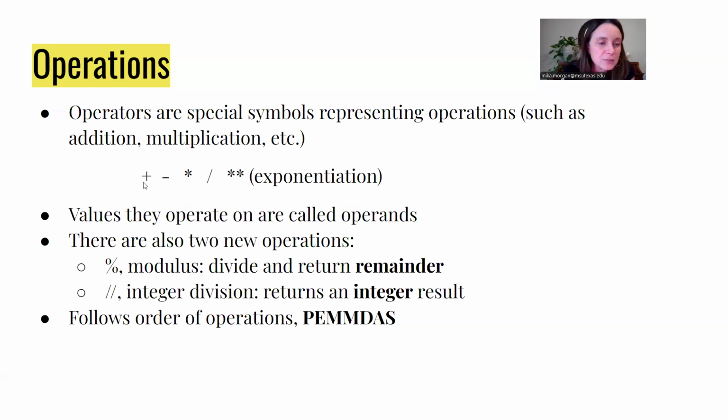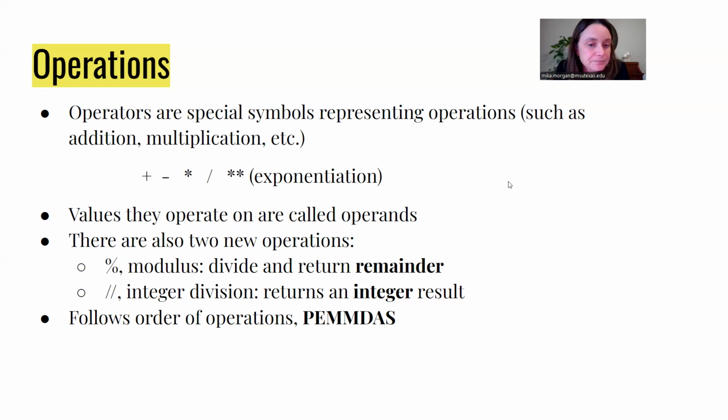We've got addition, subtraction, multiplication, division, and in Python, if we have two asterisks together, that's an exponent, a number raised to the power of this second number. Then we have to give it something to operate on, the operands. They could be just hard-coded numbers, or they could be variables. We can do math with variables.